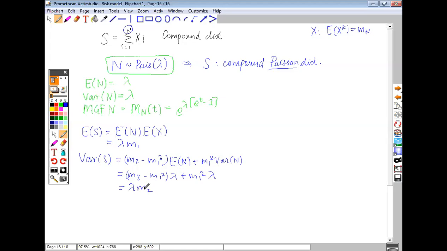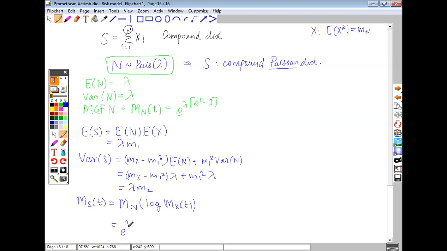That's it. Now let us try to figure out Ms of t. What was the formula for this? It was something like Mn, and then instead of t you had log of Mx(t). So what do you think I should be doing? Instead of t here, I have to substitute this. Let us go step by step.